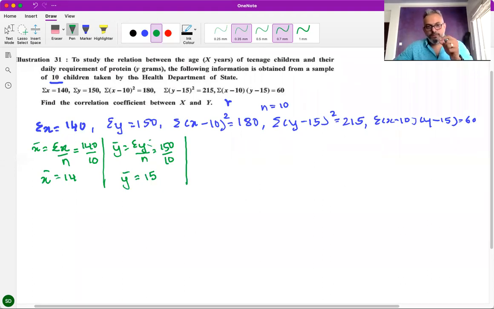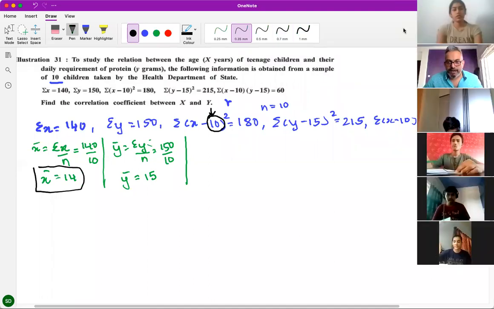Now, pay attention please, all of you. X bar is 14, but over here it is x minus 10. So this 10 is not mean. What is this 10? Can you tell me? Assumed mean. Yes, it's an assumed mean. Understood this? Any doubt?